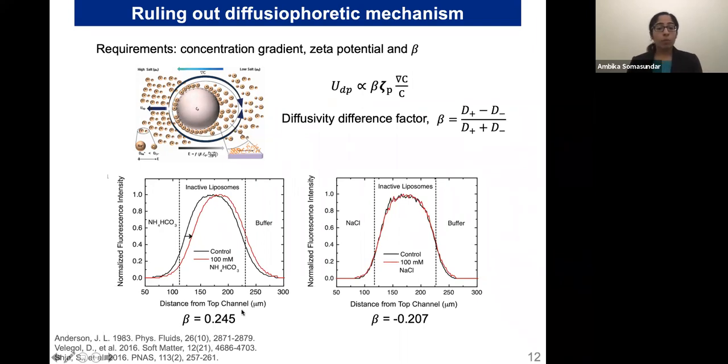While ammonium carbonate makes the lipid vesicles go in the negative chemotactic direction, we expected sodium chloride to move them in the reverse, positive chemotactic direction, but we don't see this. So we can effectively rule out the diffusophoretic mechanism for colloidal liposomal transport.